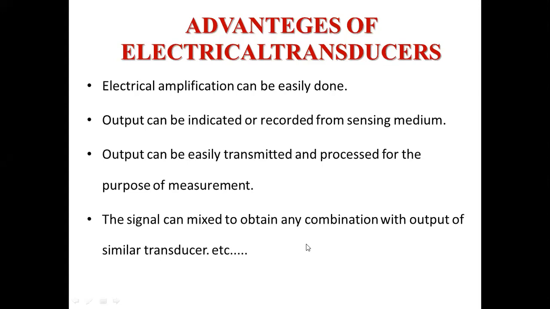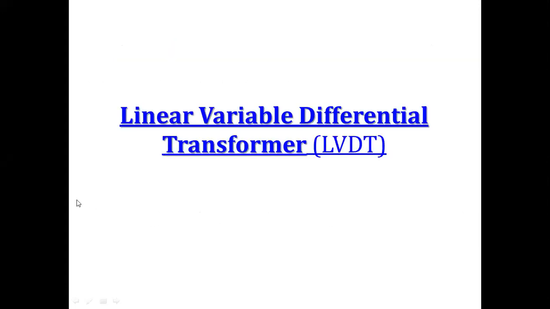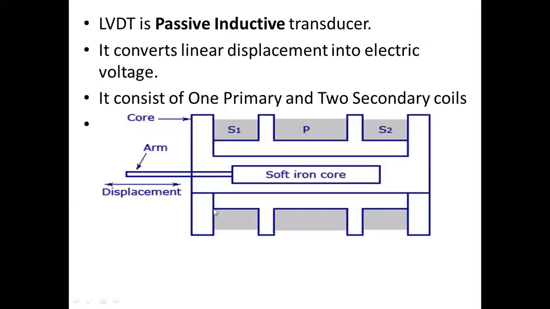The signal can be mixed to obtain any combination with the output of similar transducers. We can mix that signal with other signals. It is possible. So these are some advantages of transducers.